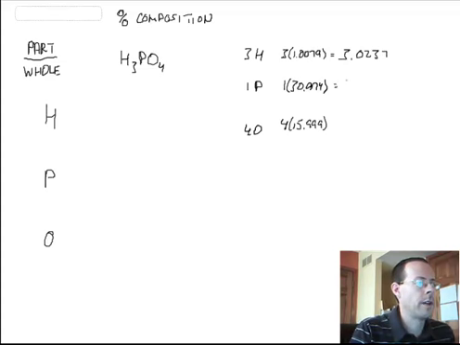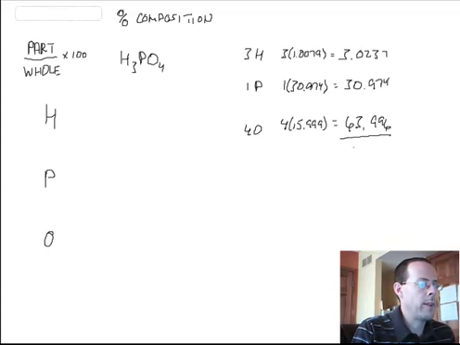And for phosphorus we're going to get 30.974. And for oxygen we're going to get 63.996. Alright, so when we add these all up, we get a value of 97.9937 grams. And that is simply our total, or our whole.